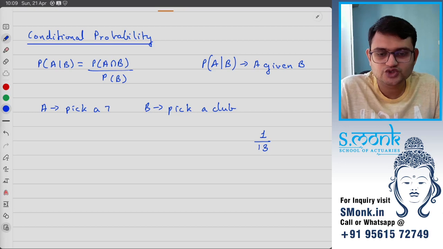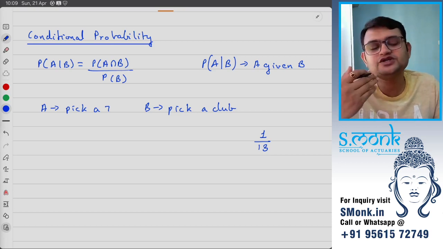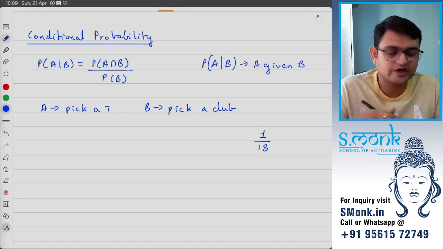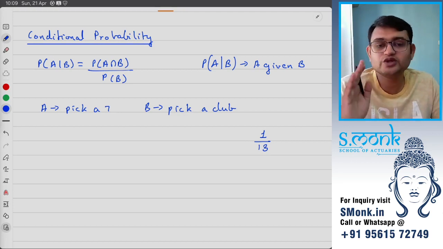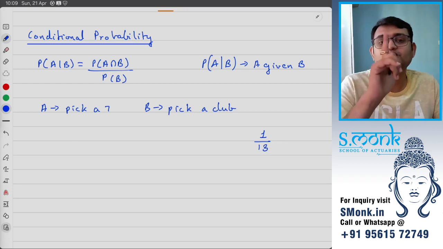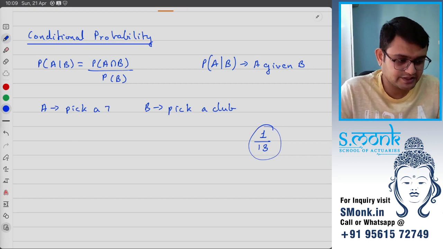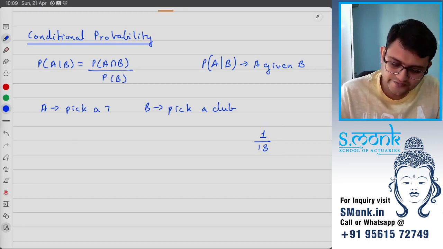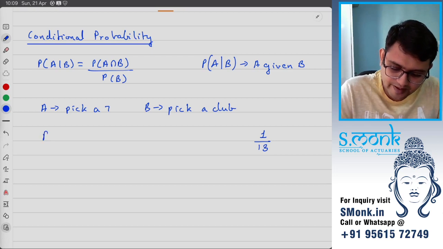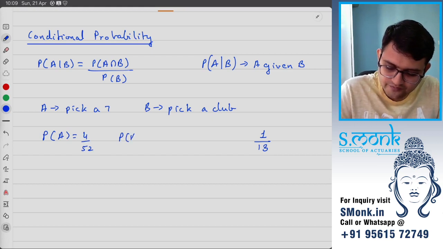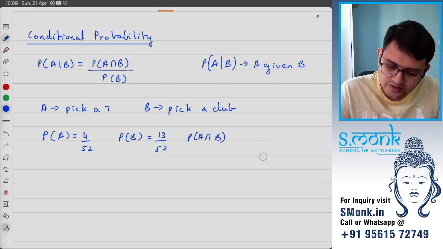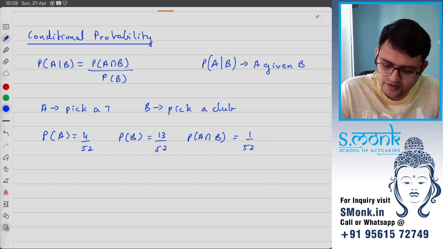So if I told you the card is a club, then there are only 13 options, and out of that, only one is going to be a 7. So what we are looking for is 1 by 13. Now, probability of A, picking a 7, was 4 by 52. Probability of B, picking a club, was 13 by 52. And probability of A intersection B was 1 by 52.